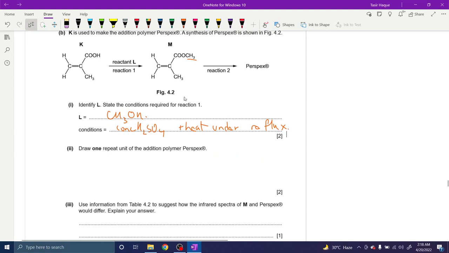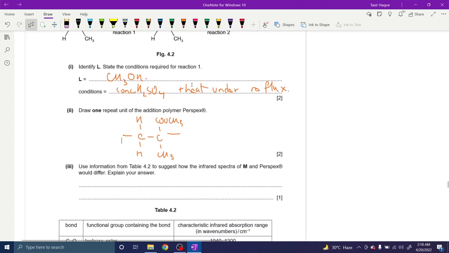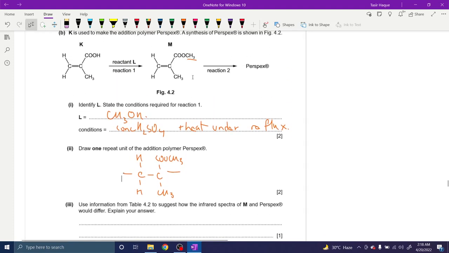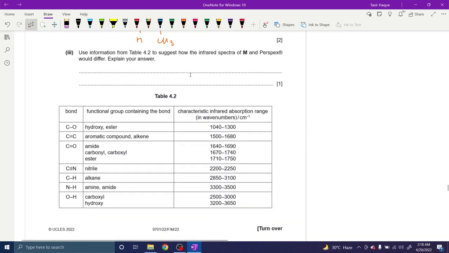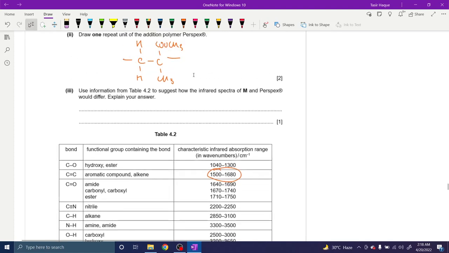Draw 1 repeat unit of Perspex. Okay. Here we go. This is it. Dangling bonds, right? Use information to suggest how the infrared spectrum of M and Perspex would differ. So Perspex doesn't have an alkene, but M does, right? So Perspex would actually be missing this absorption in this range.